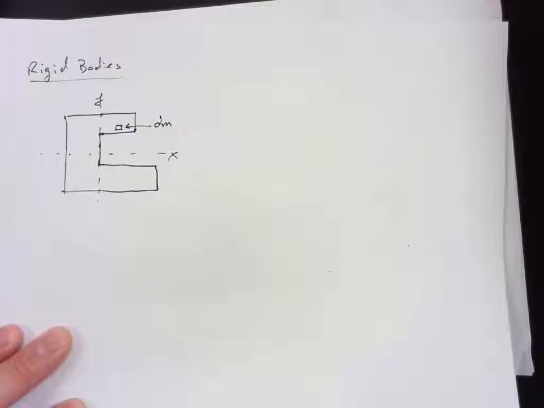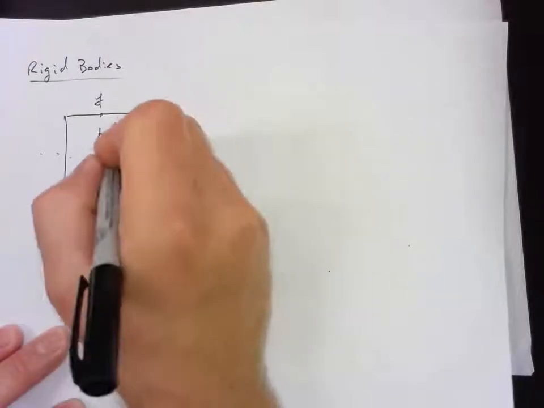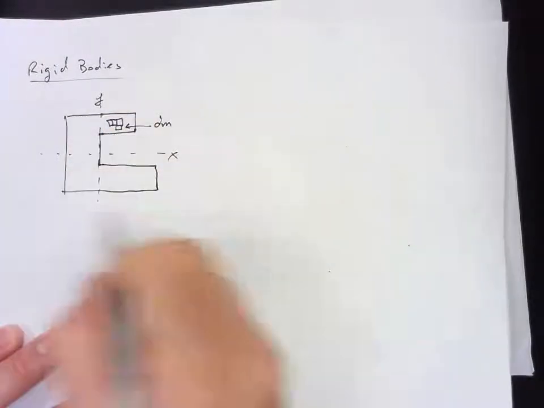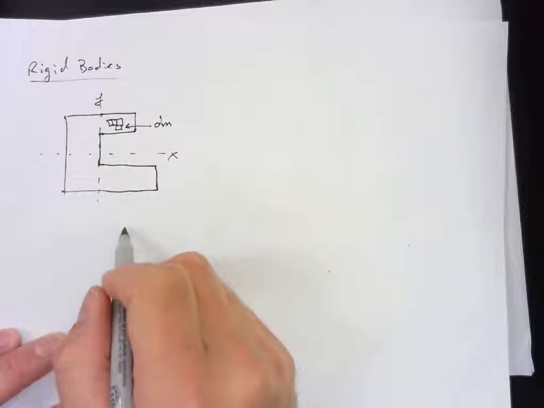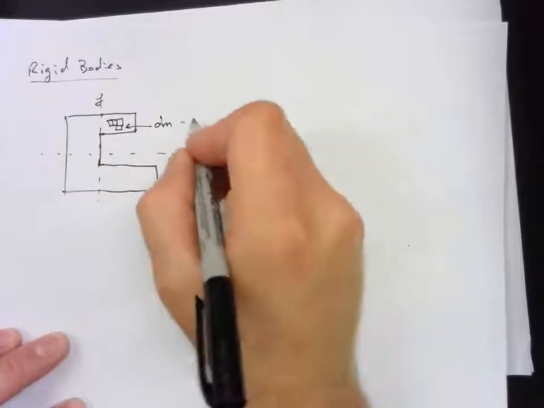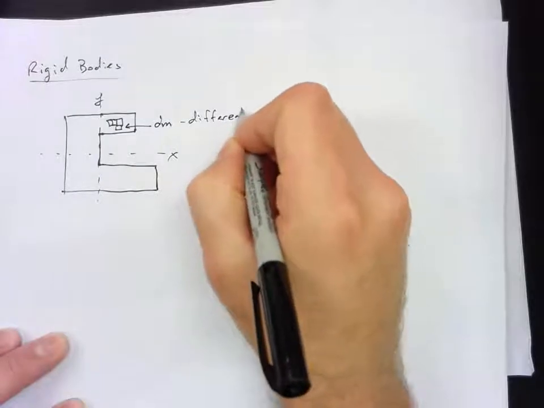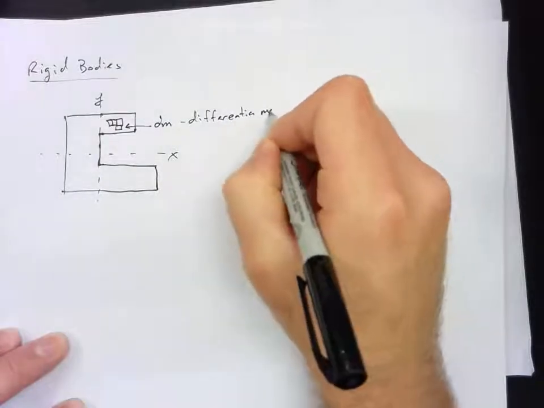All right, and then that is distributed over the entire surface. We'll call it the differential mass here.